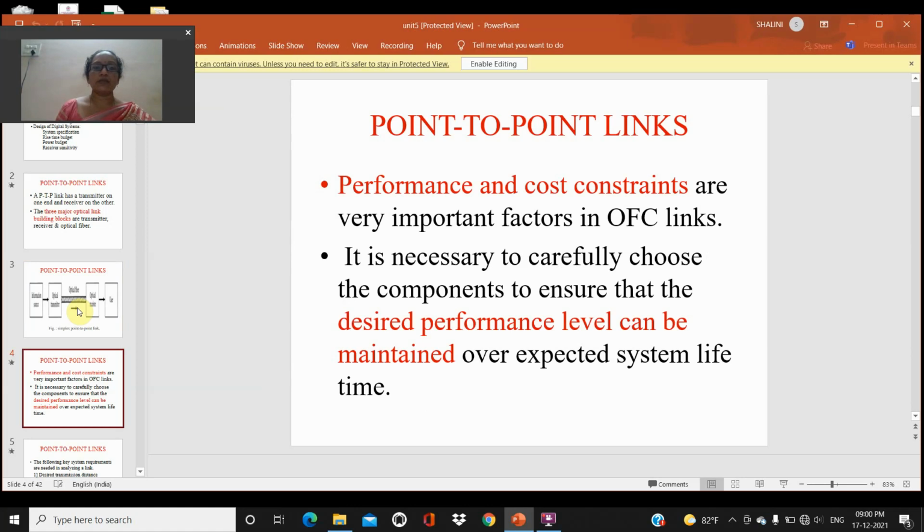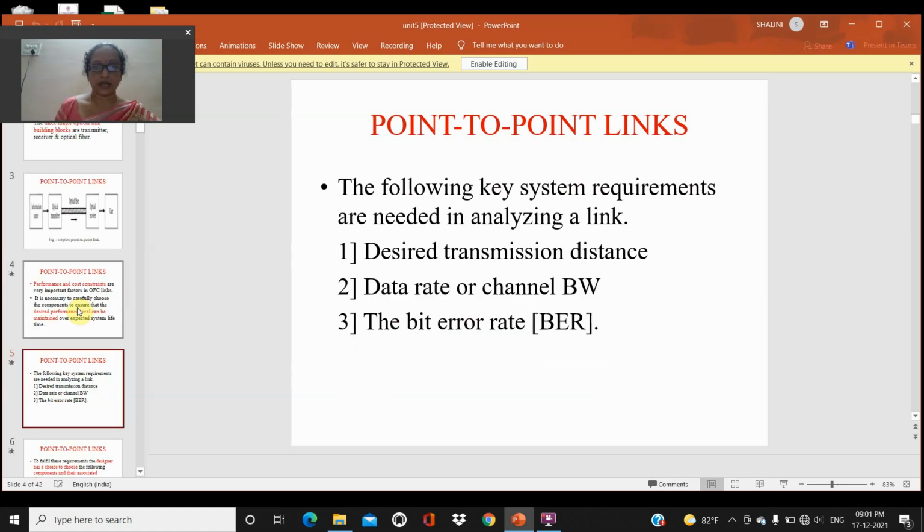The performance and cost constraints are very important factors in OFC links. It is necessary to carefully choose the components to ensure that the desired design performance level can be maintained over the expected system lifetime.